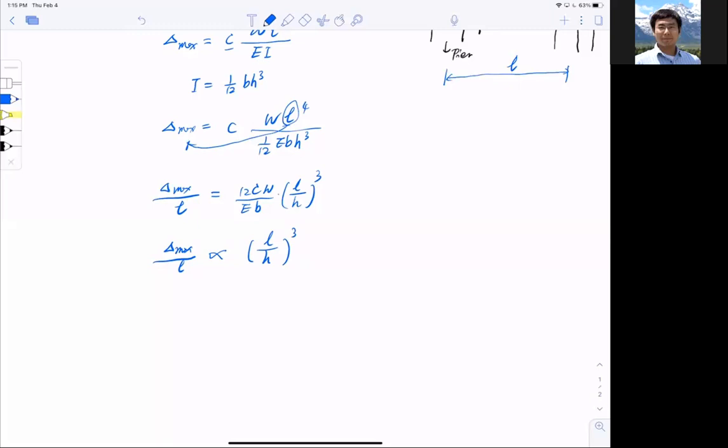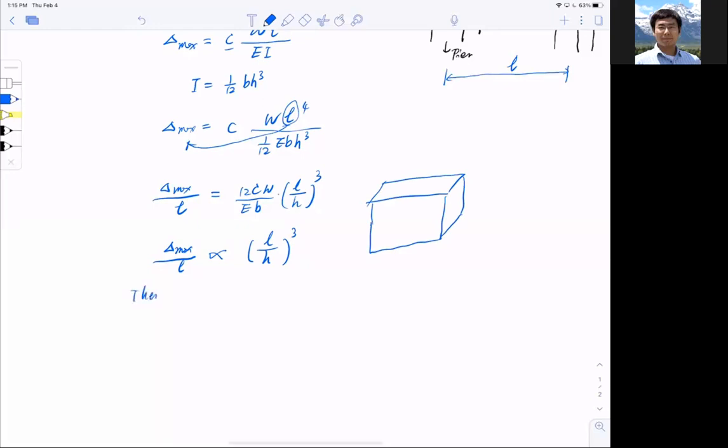So I need to constrain it. I don't want it to be too big, nor too small. If it's too small, it becomes a stocky section, meaning a very short length but a very deep beam. That is a waste of materials and extra cost in construction, isn't it? So not too short, not too long.